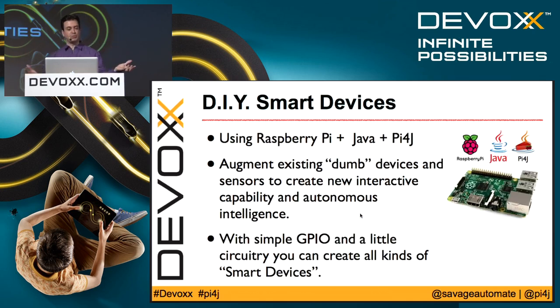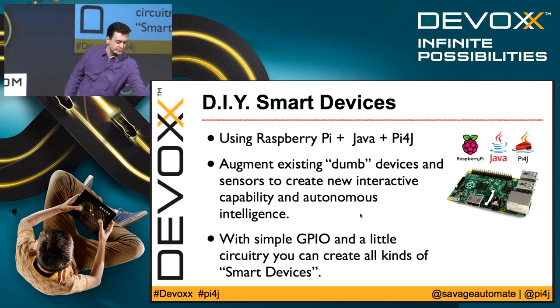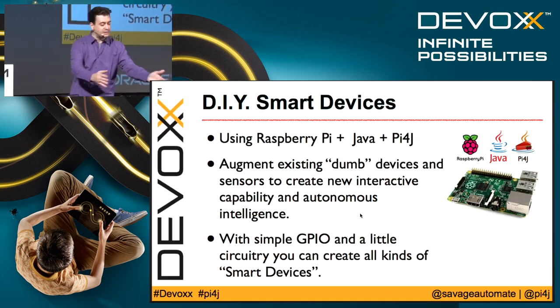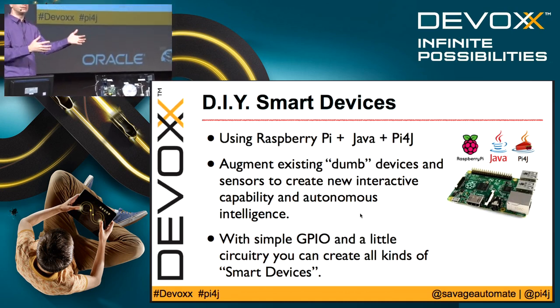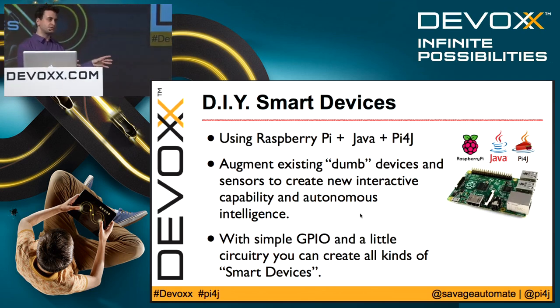So what I want to do is create do-it-yourself smart devices using Raspberry Pi, Java, and Pi4J. We can do that in a couple of ways. We can implement our own sensors directly. We have examples of that with our water level sensor, where we could sense flood conditions, and our IR beam break sensor, where we can sense some kind of proximity or trespass scenario.